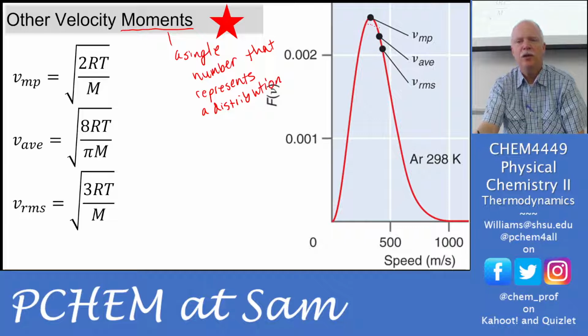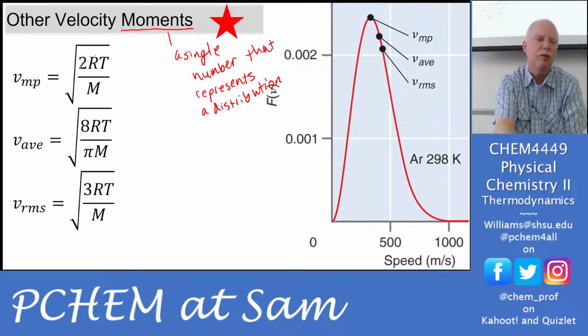And here they are shown on the curve. So the MP, that means most probable, right? So that's the highest probability. So MP is most probable.